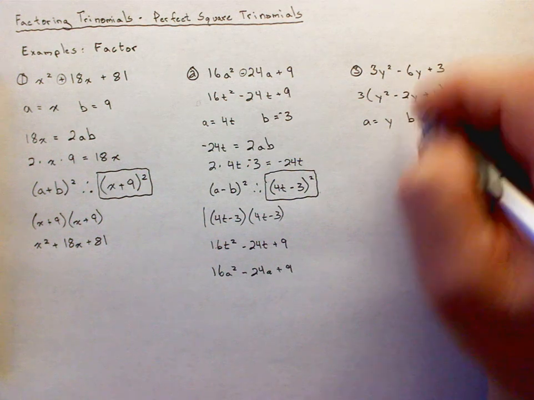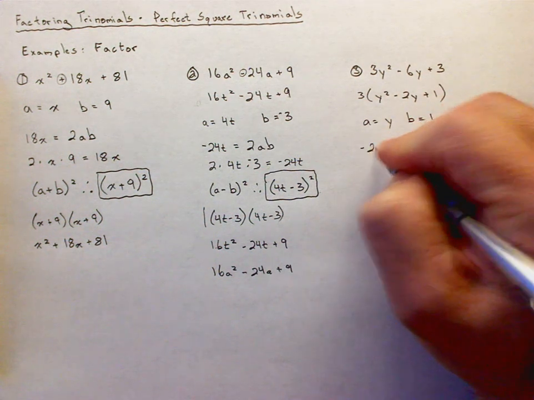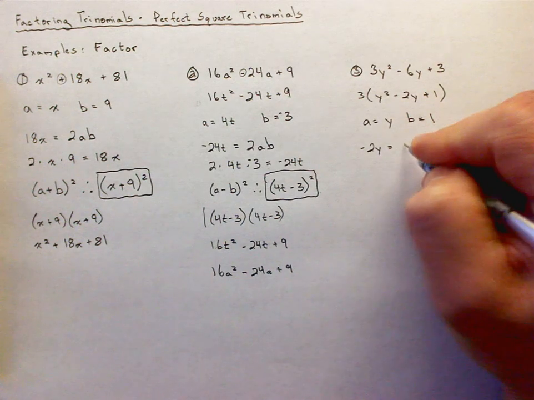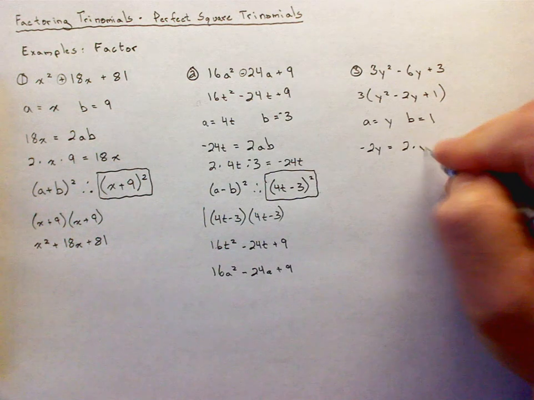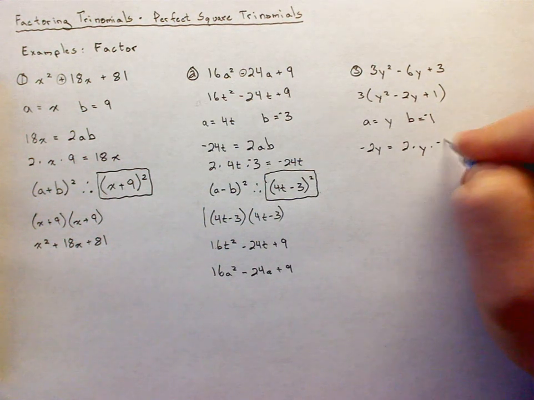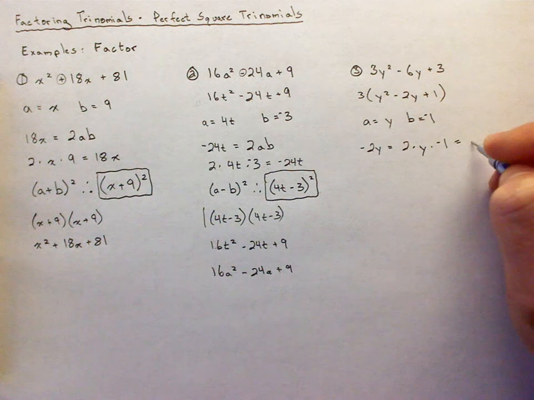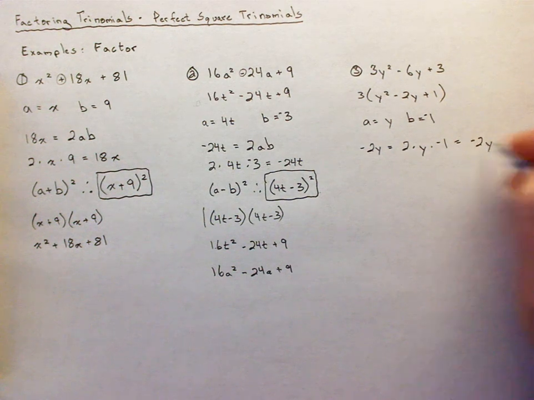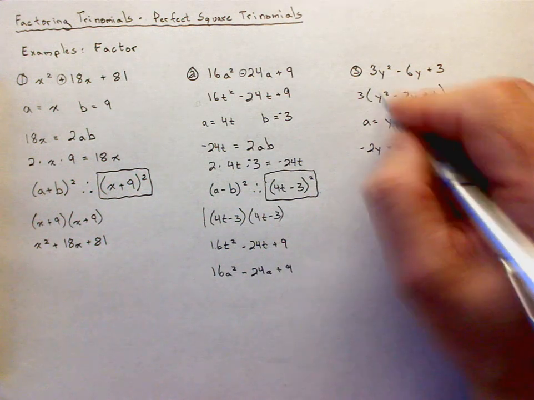Can it equal a negative 2y to make sure that it is a perfect square trinomial? 2 times a, and I'll call b a negative 1, times a negative 1. Yes, negative 2y. That's what I needed. So it is a perfect square trinomial here inside of the parentheses.